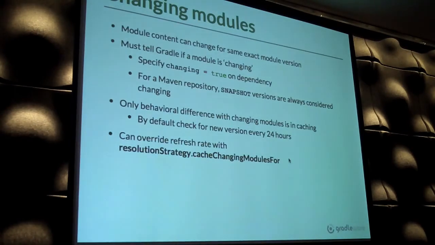The dependency resolve rules you're talking about? Yeah. You cannot inject changes. Yeah, you probably can do it there. I hadn't actually thought about that. No, you can only affect the module version selector at that point. So you can only affect the identifier, not the changing attribute. No. So... Oof. This is obviously a really important topic. Changing modules, okay. It is.